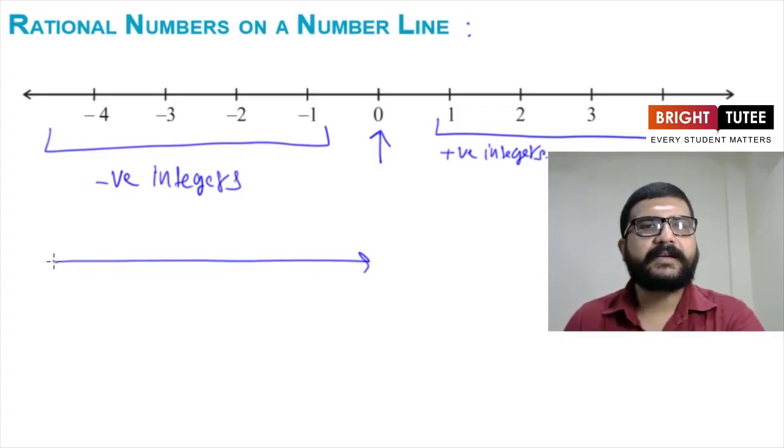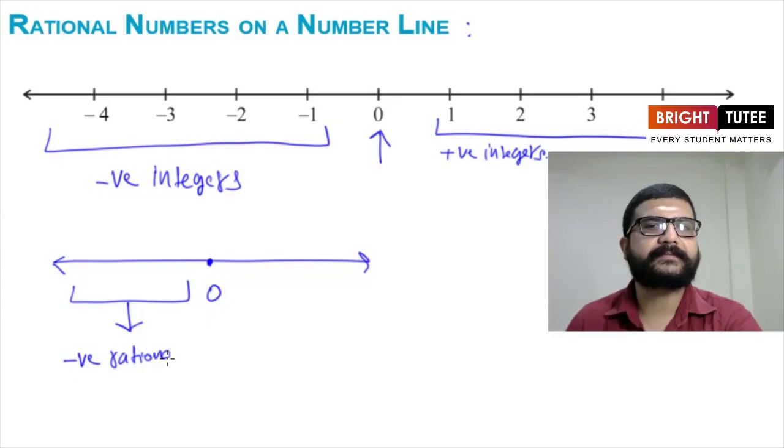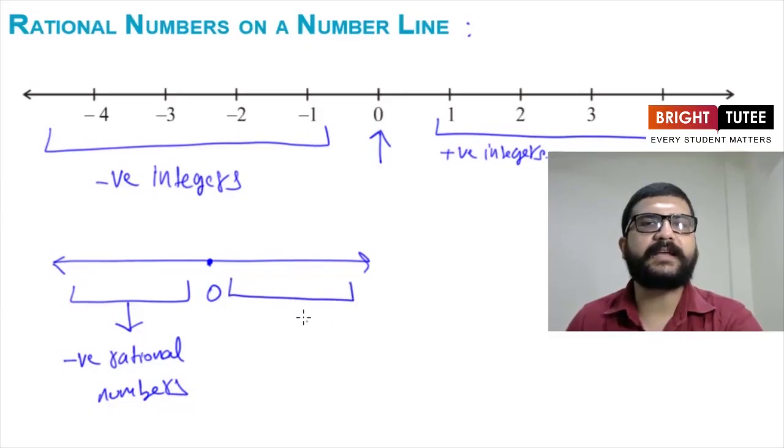If somewhere here is 0, let's say this point is 0, then numbers on the left of the 0 are negative rational numbers. All these numbers will be negative rational numbers. Similarly, numbers on the right of the 0 will be positive rational numbers.